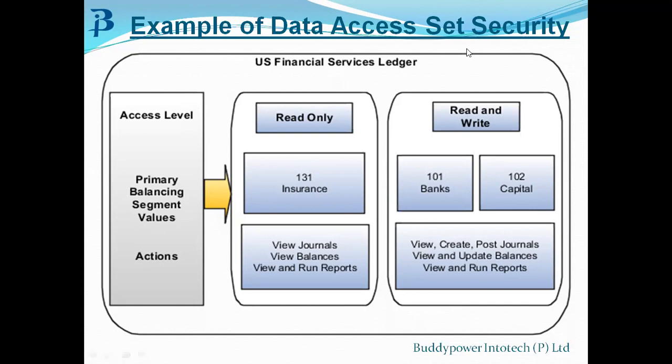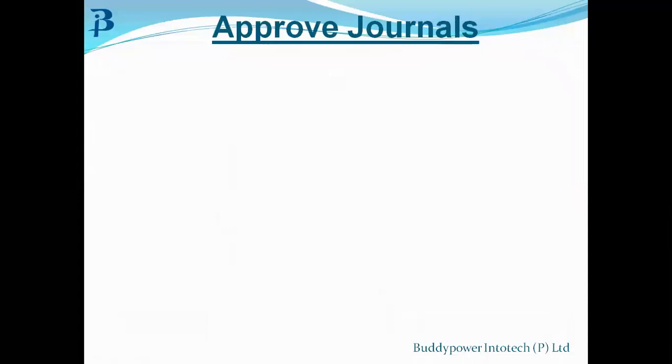So we'll just move to the next slide. Next is approve journals. We use the general ledger's journal approval feature to ensure that journal entries and batches are approved by appropriate management personnel before the journals can be posted to the account balances.